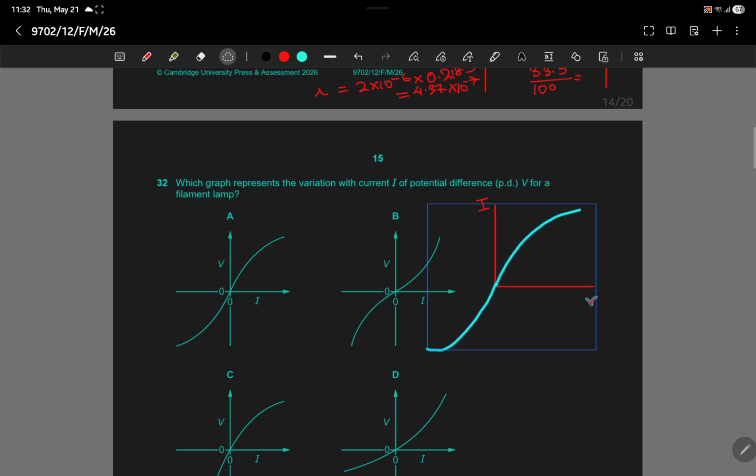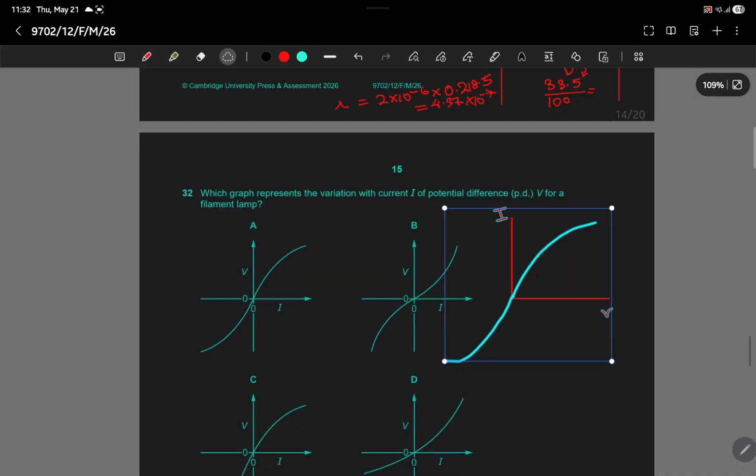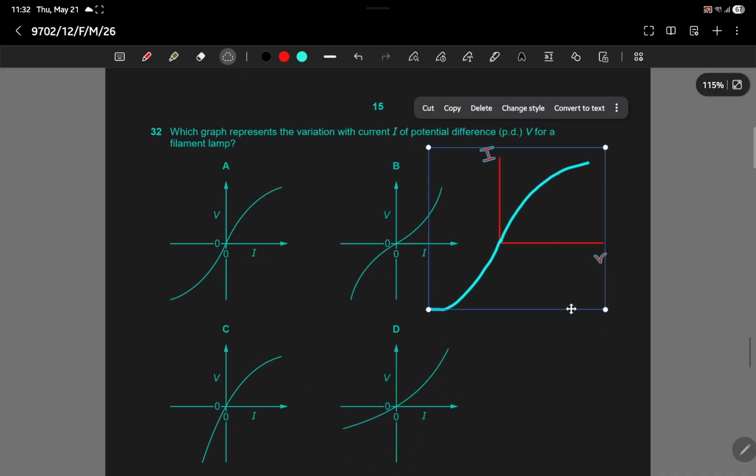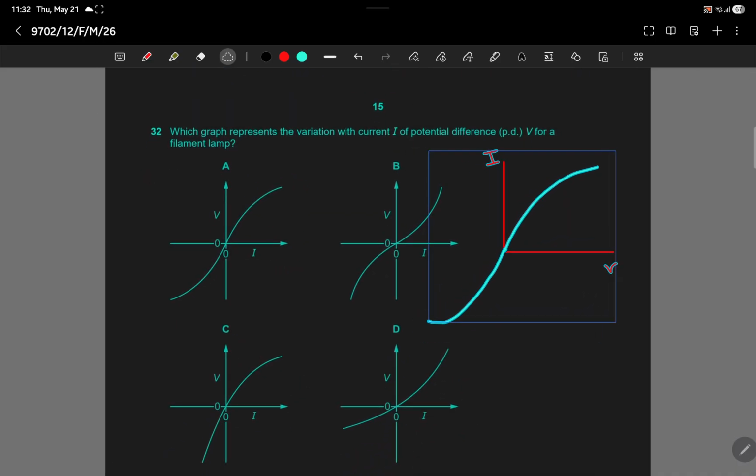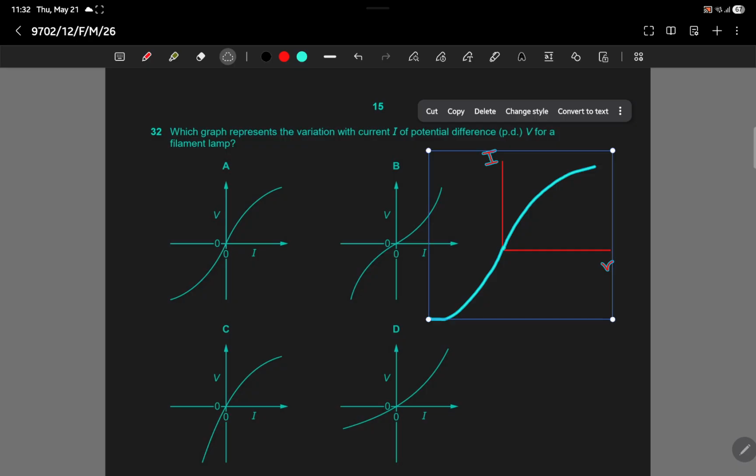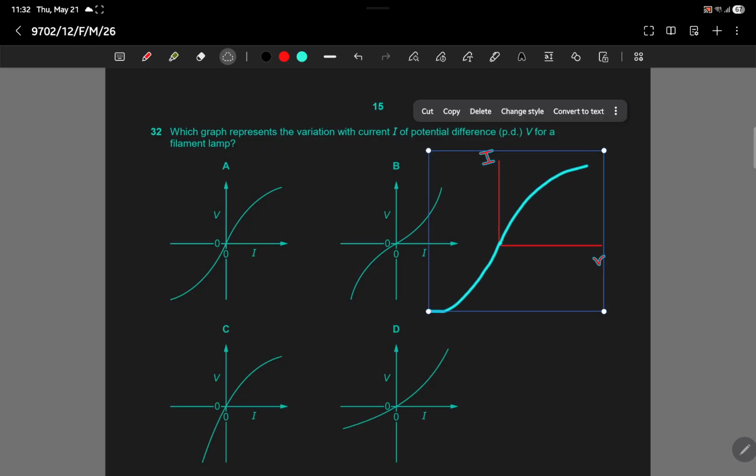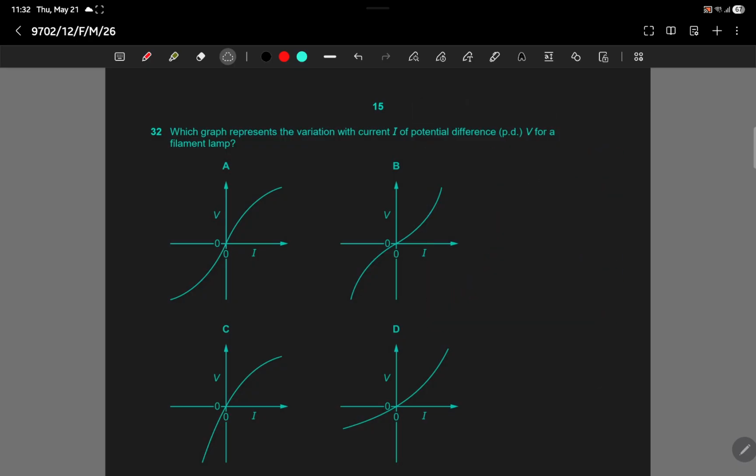Well, anyways, it's not rotating. Oh, I deleted a mistake. If you rotate this, it will come out to be the shape as this. Hence, the answer is B.